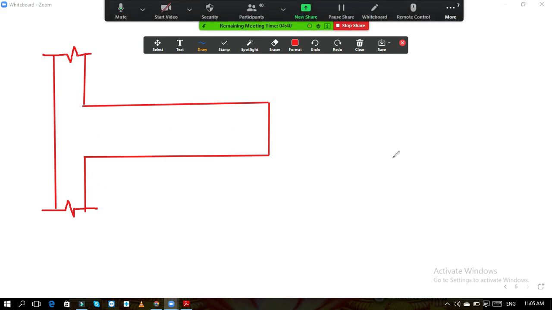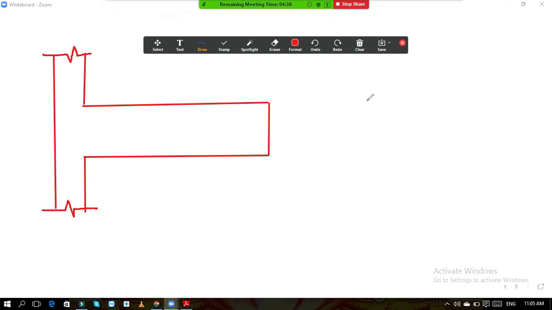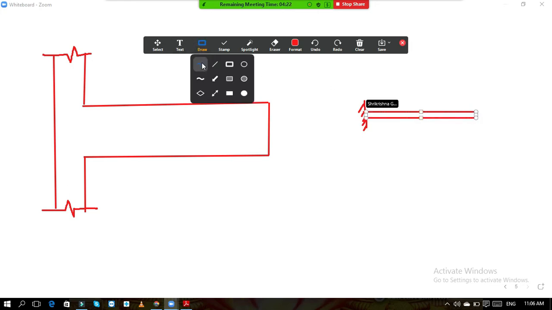So now what will happen? See, if any cantilever structure is there, suppose now a cantilever beam is there. Now I will draw a cantilever structure. Suppose now this is a cantilever beam and a load is applied on the beam somewhere here.